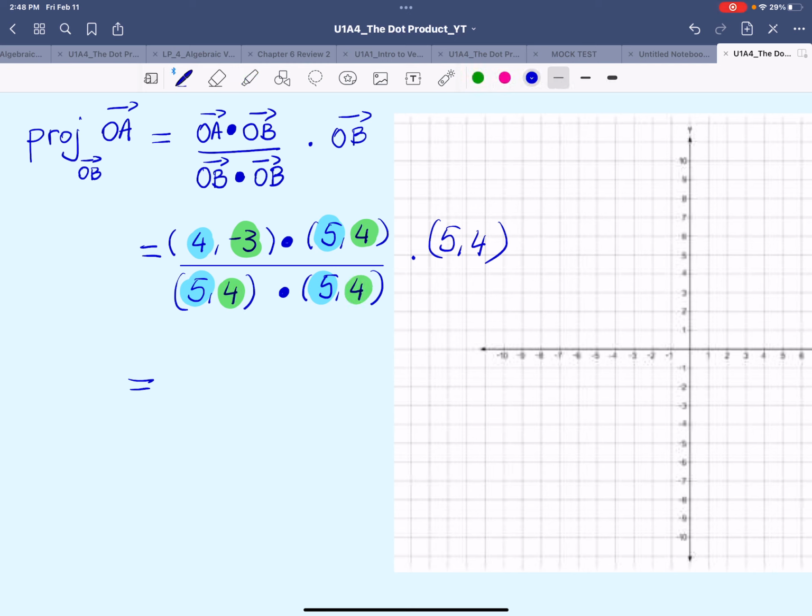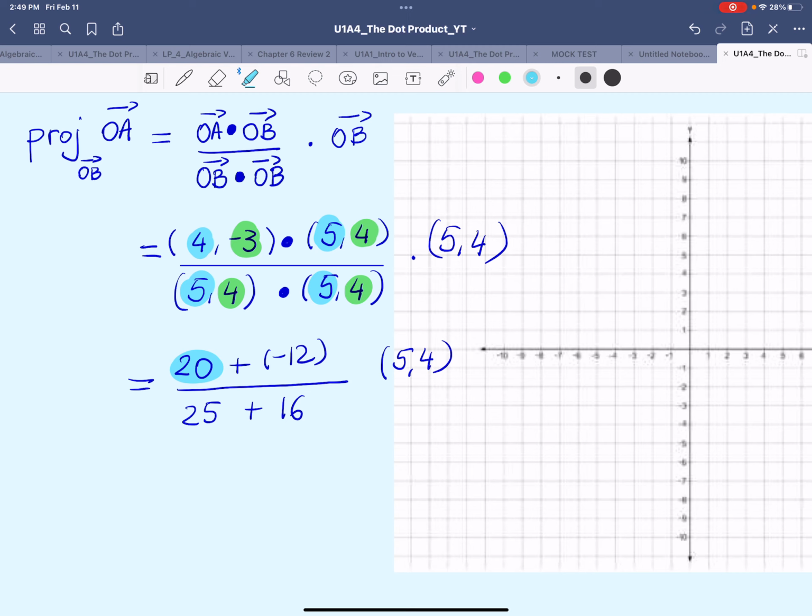So 4 times 5, 20, plus 4 times negative 3, negative 12, over 5 times 5, 25, plus 4 times 4, 16, times vector 5, comma 4. All right, so remember again, 4 times 5, 4 times negative 3, and 5 times 5, 4 times 4.